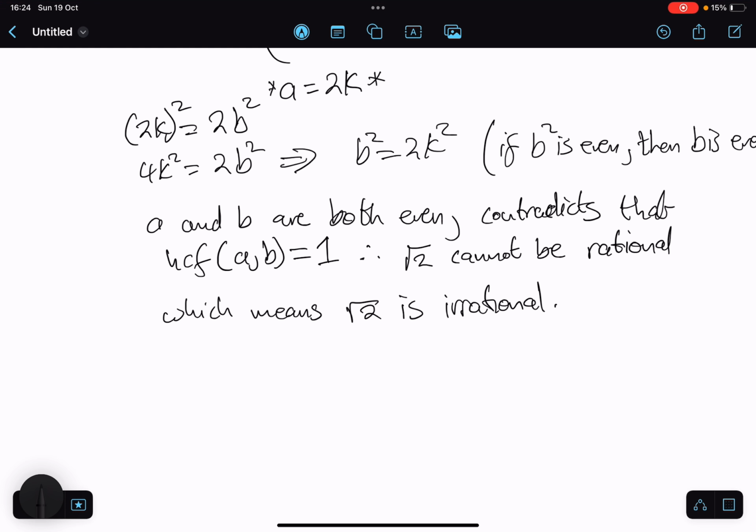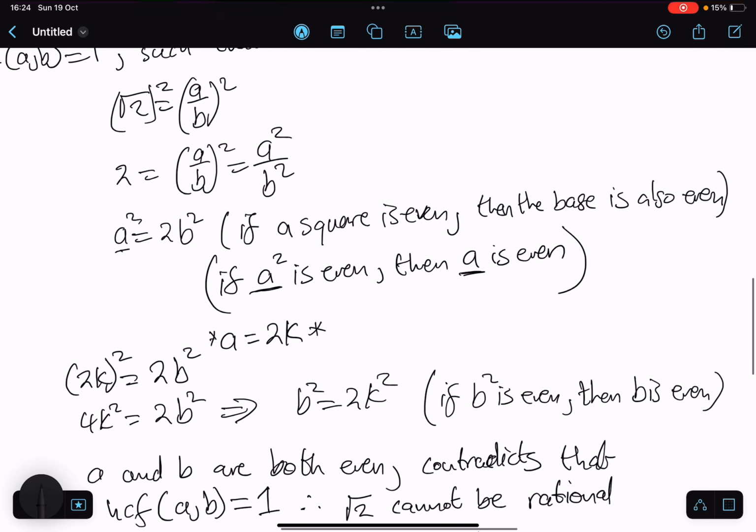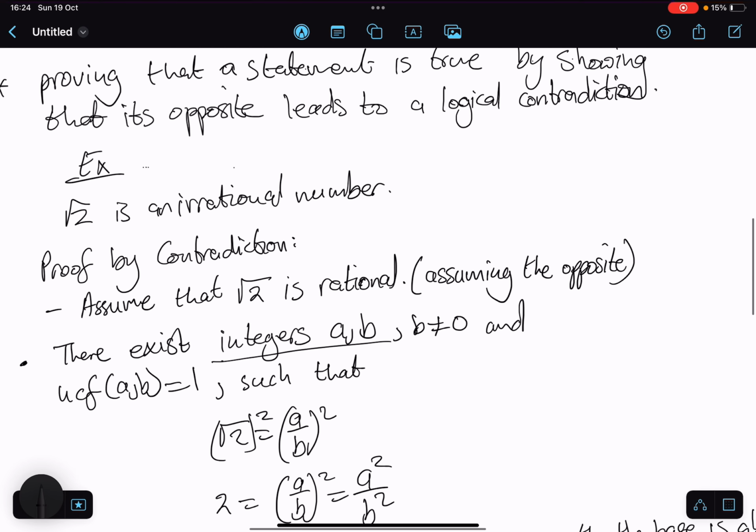Okay, so what have we done here? Here we are given a statement that root 2 is an irrational number, and we want to prove it by contradiction. When we're proving by contradiction, we assume the opposite: let root 2 be rational.